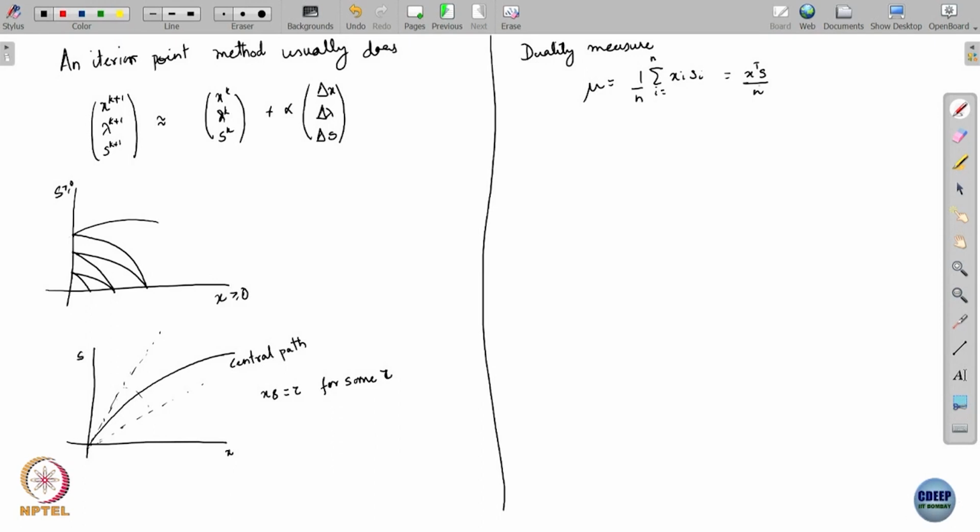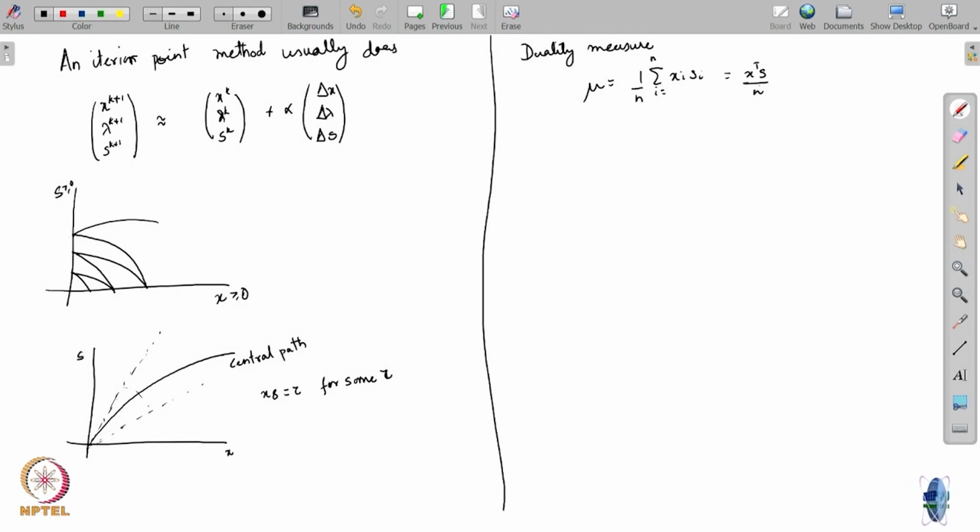The duality measure is a measure of how far you are from satisfying complementary slackness. If complementary slackness is satisfied, the duality measure would be exactly 0, right. So, it captures that particular property.